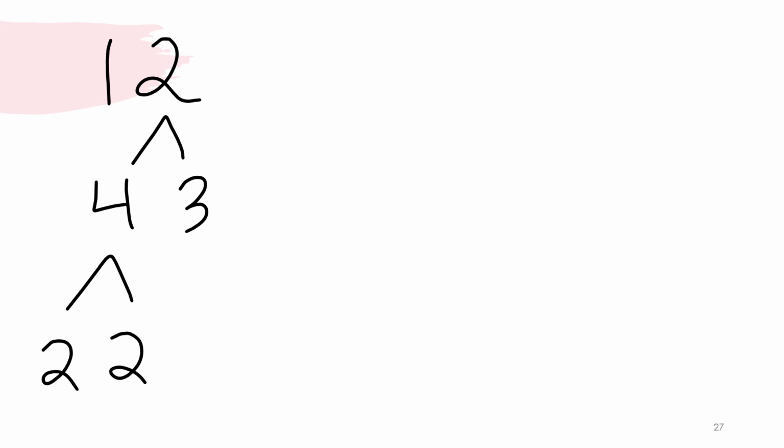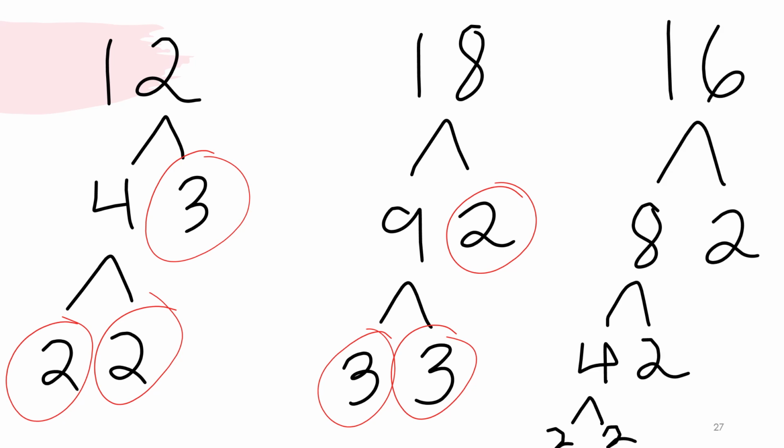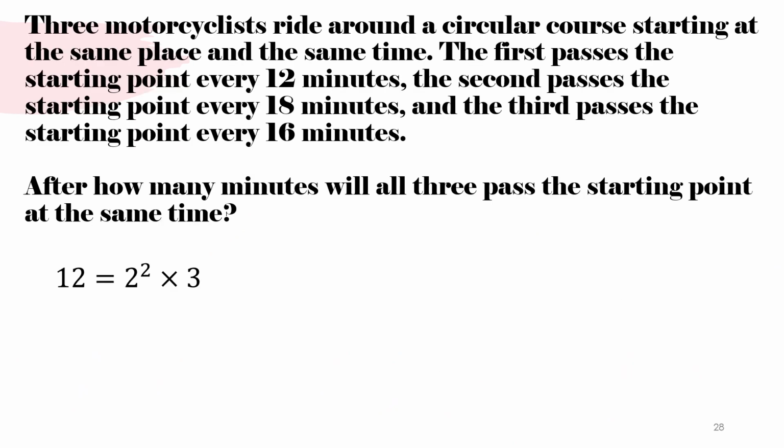So we start by making our prime factorizations. We take 12, break it down into its prime factorization. It's 2 times 2 times 3. 18, break it into its prime factorization. That's 3 times 3 times 2. 16 gets broken down into 2 times 2 times 2 times 2. Then we're going to write out their prime factorizations.